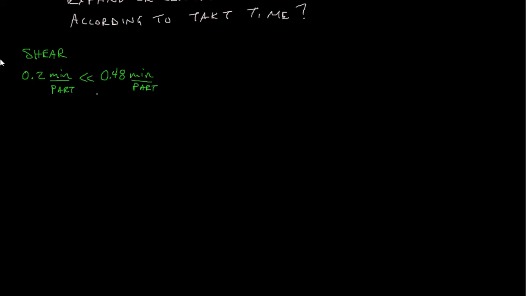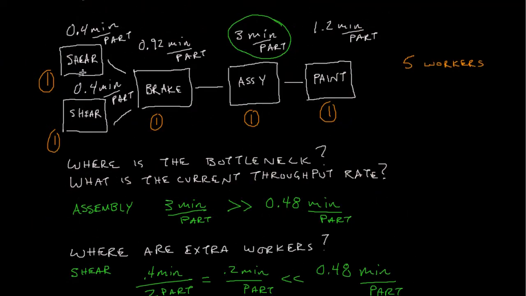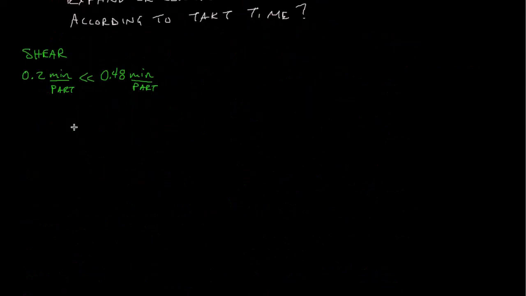So what I can do, obviously, is reduce this station to one shear operator. Okay, so we'll do that, and then this becomes 0.4 minutes per part, which is under our takt time, which is good. We have a good process here.